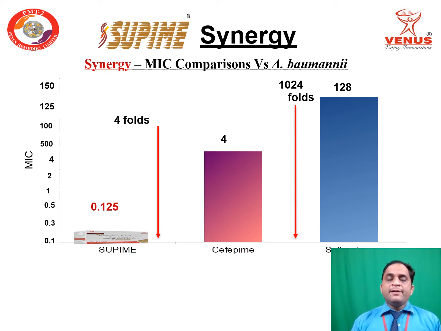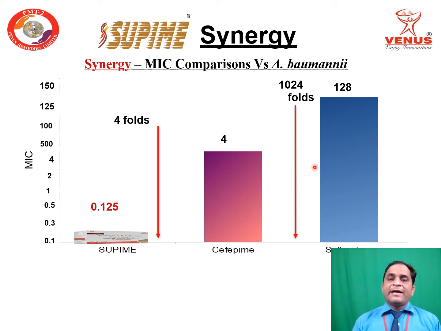To understand this synergistic mechanism, we have to study this graph properly. Through this graph, I would like to highlight the MIC, minimum inhibitory concentration, of cefepime and sulbactam against Abomni separately.